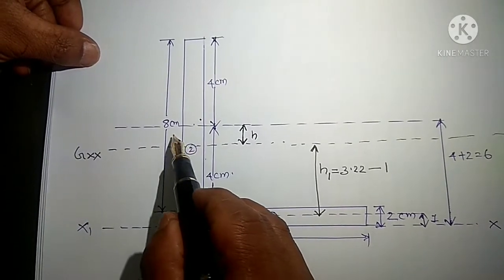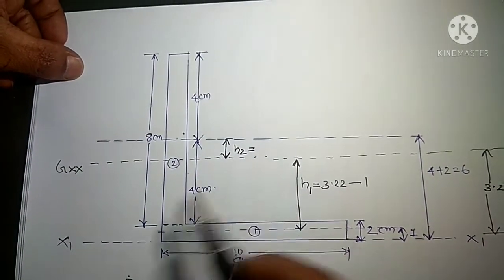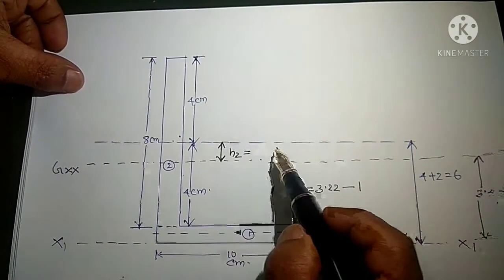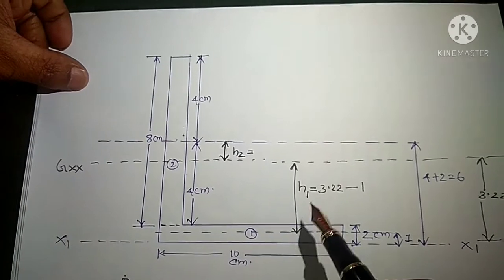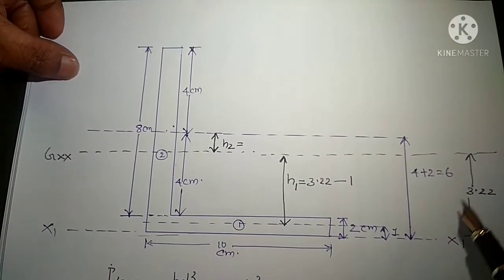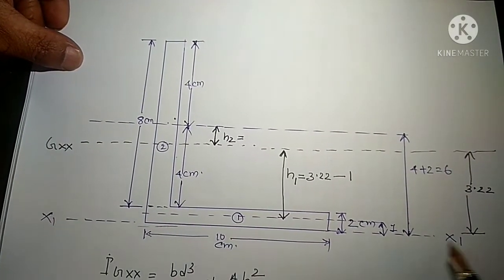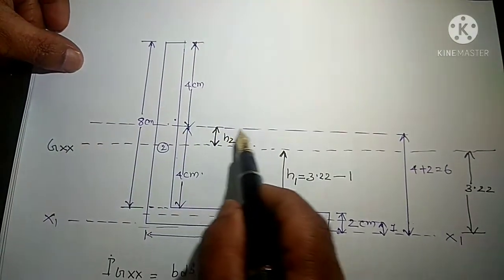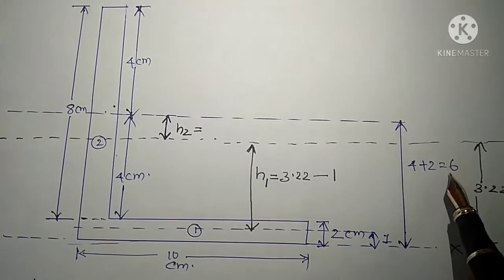As I am considering this as the second component, I am taking this as S2. We have to find this distance. We know that from this reference axis the distance is 3.22, and from this reference axis to the top the distance is 6.